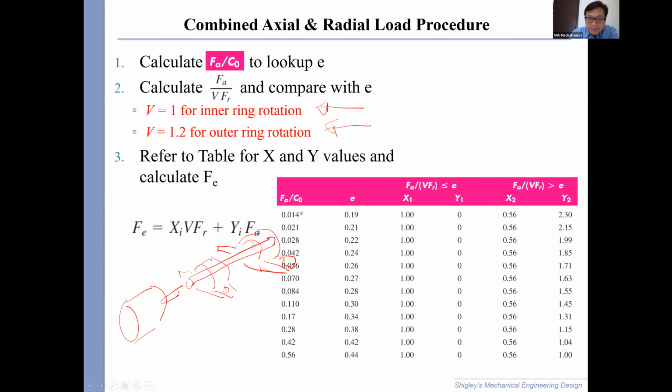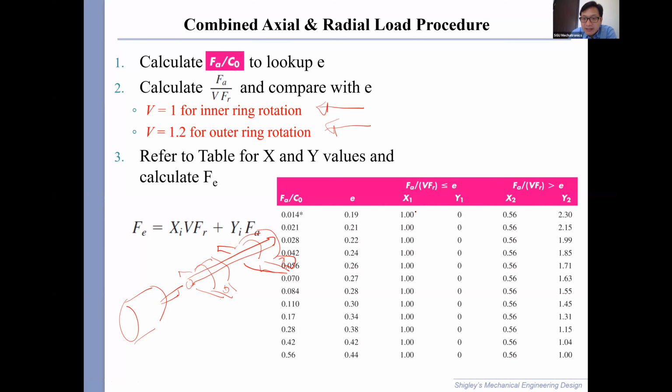Here's your table. The table gives you a relationship between FA over C0 and E, and based on that we will have X1, Y1 to give you a relationship between the axial and the radial.